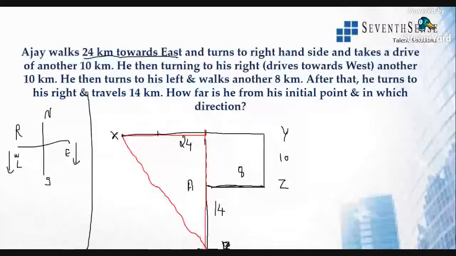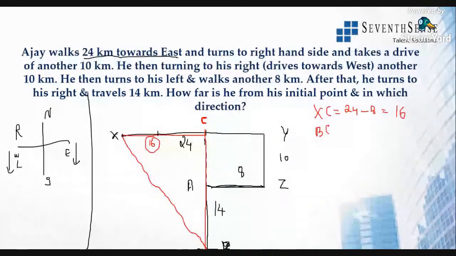I'll just take this point as C. Now, what will be XC? XC will be the total distance 24 minus 8. So this distance will become 16. That is 16. Similarly, what will be BC?